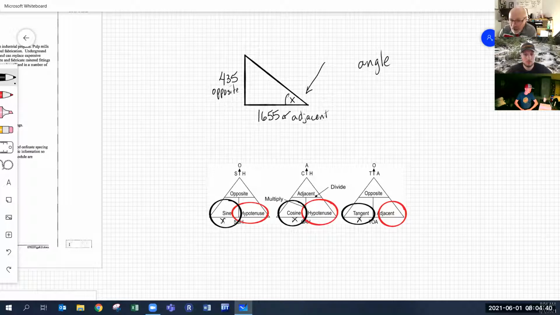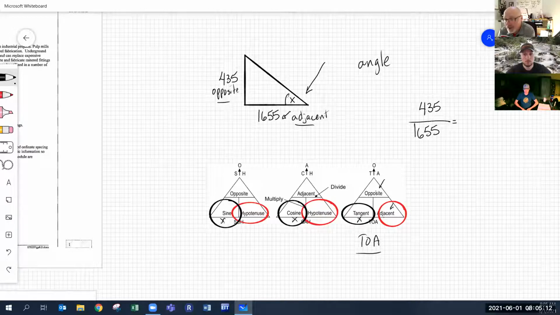So I look at my formula triangles and I see which one has the adjacent and the opposite. There is the opposite, there is the adjacent. I'm going to use TOA, which is tangent, opposite, adjacent. So it says take your opposite, 435, and divide it by your adjacent, 1655.